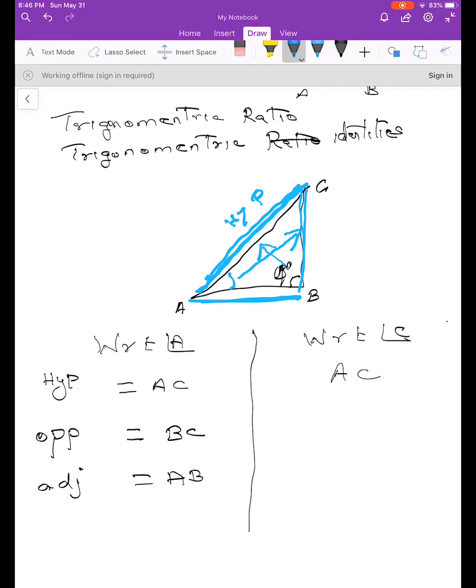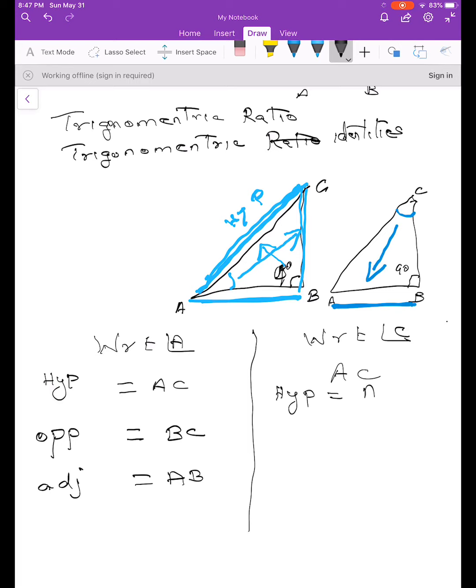Let me draw one more triangle for your convenience. Now let us see with respect to angle C. The hypotenuse is AC, which does not change in both cases. The side opposite to angle C is AB, which is the opposite. The other side is the adjacent, that is CB.